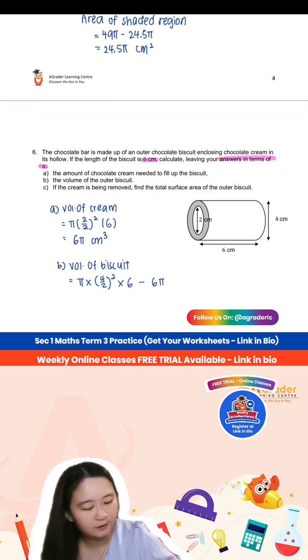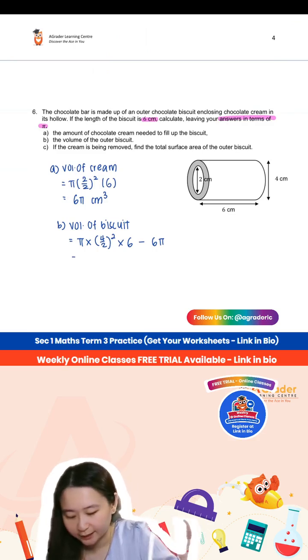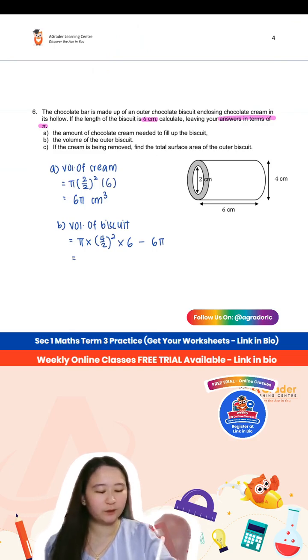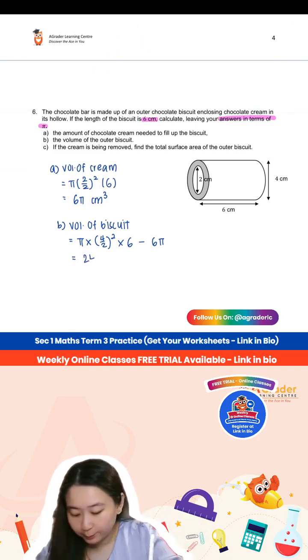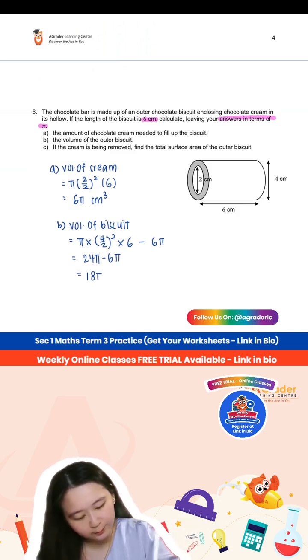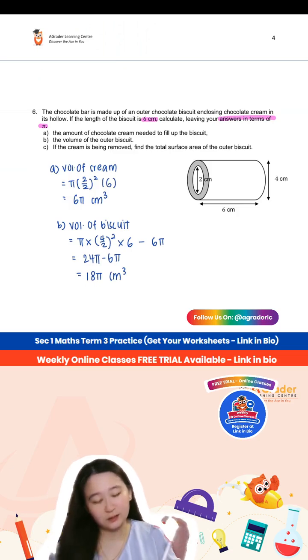Then we minus the volume of cream, which is 6 pi. So this will give us 24 pi minus 6 pi, 18 pi cm cubed.